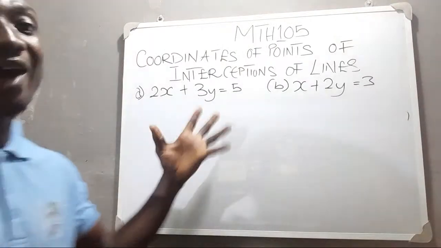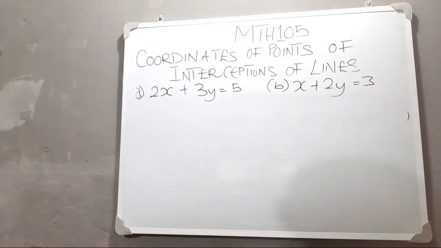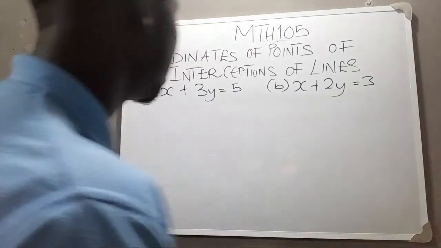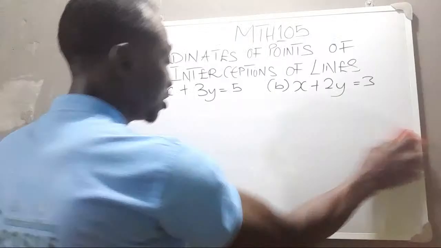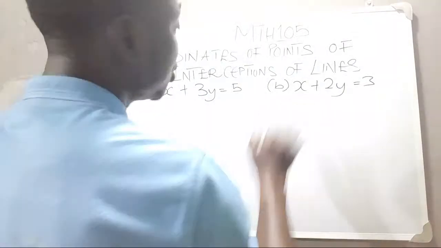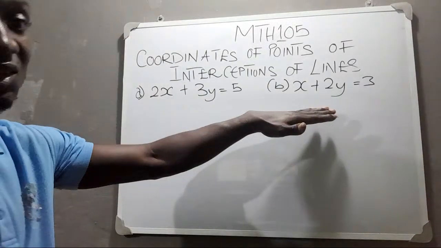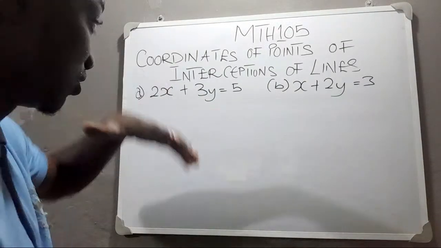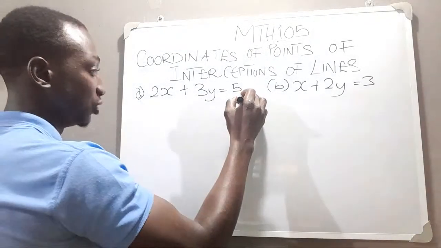Now we are asked to solve this simultaneously. Whether you are told simultaneously or not, seeing your questions coming out like this, you have to solve them simultaneously. So we have the solution.